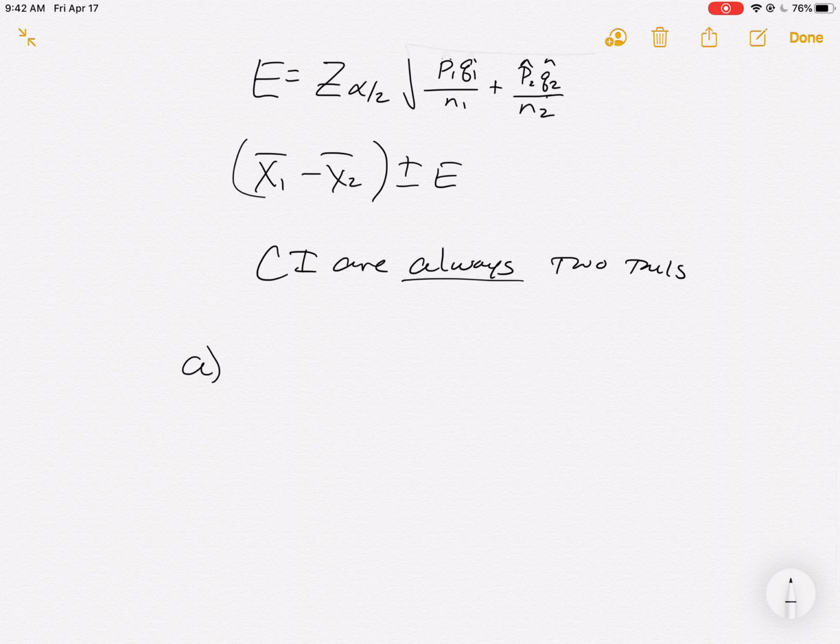Let's suppose part A was to test the claim that the percentage was greater than 75. Well, then you know your null hypothesis is P equals 75, and your alternative hypothesis is P is greater than 75, right? Just like it was before.